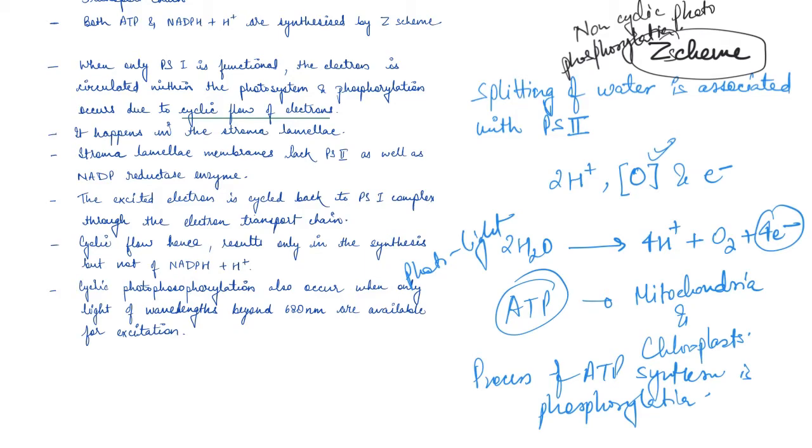So cyclic flow results in the synthesis of ATP only, but it does not synthesize NADPH plus H plus, right? It will also capture light of wavelength beyond 700 nanometers which is available for excitation.